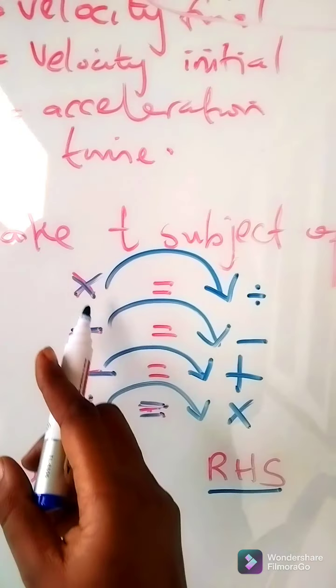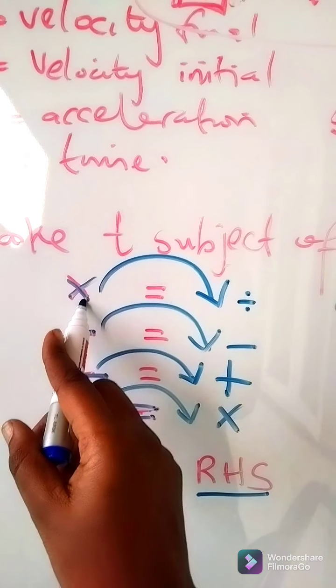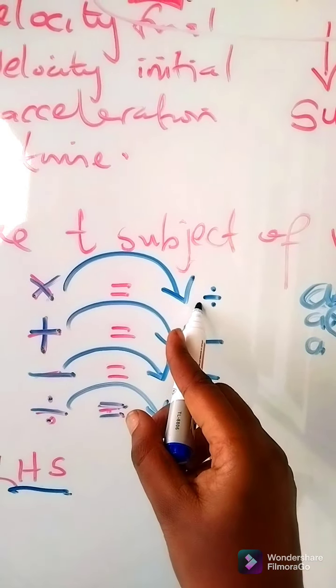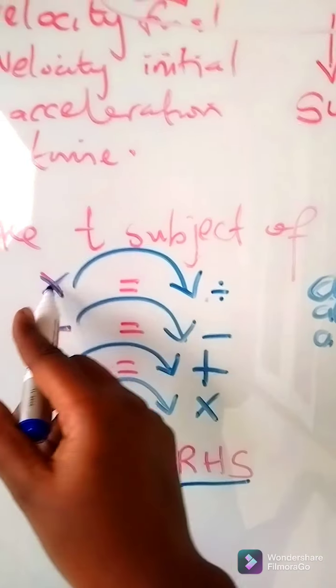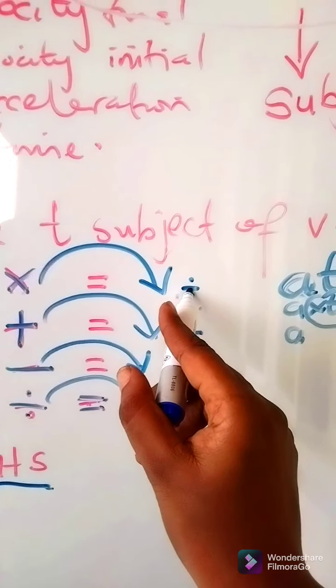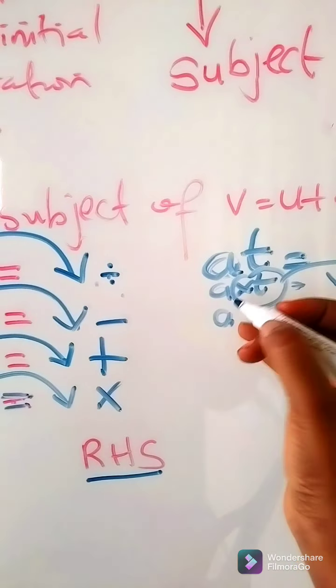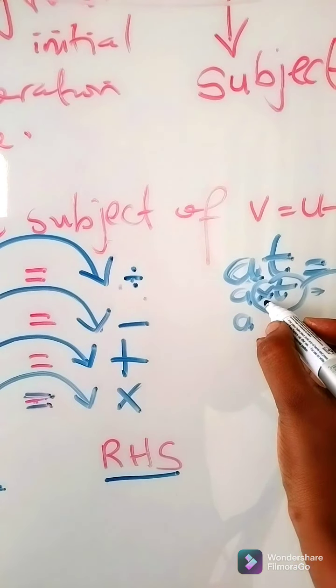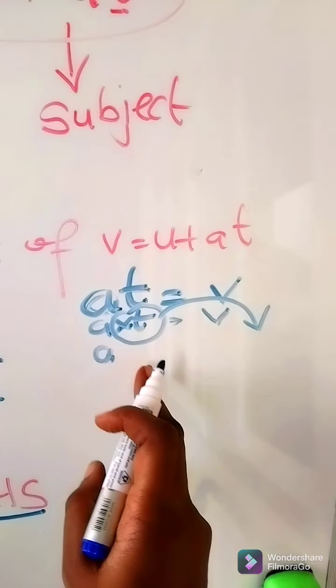And remember, when you move a multiplication sign over to the other side, maybe from the left to the right hand side, it becomes a division. So I'm making A the subject of the formula, remember?